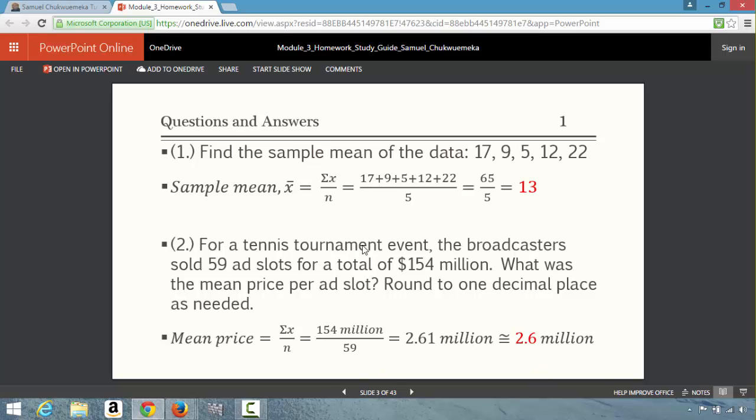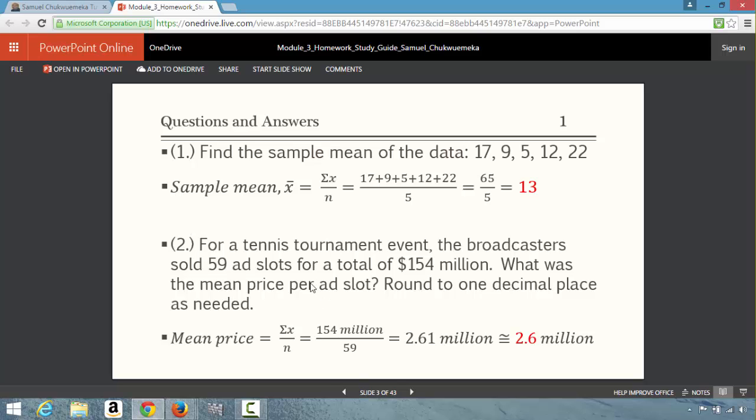When you view the prerequisites, you will understand these variables. So you can just add them. Sigma is the summation of the x values. You add them and you divide by 5. So the sample mean of this data is 13.